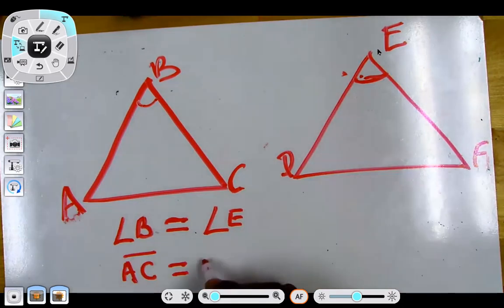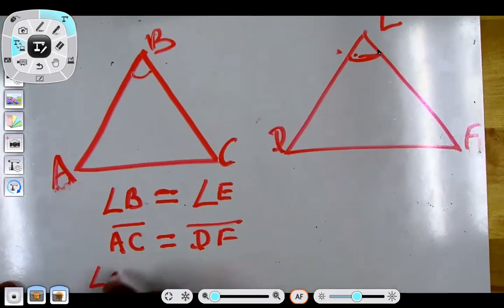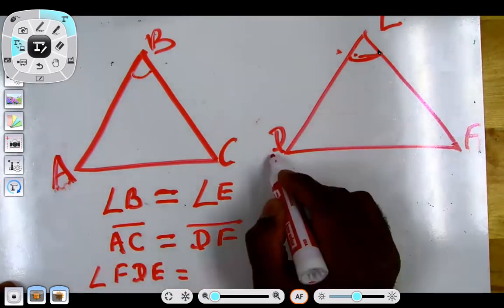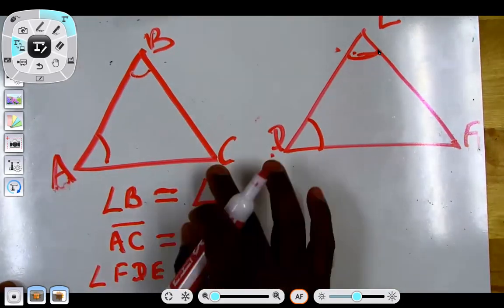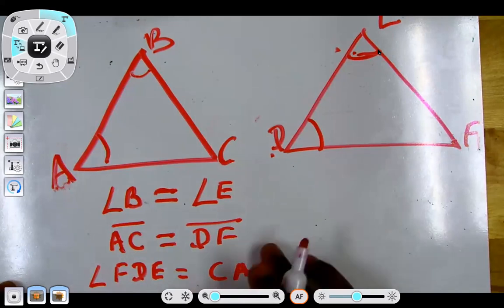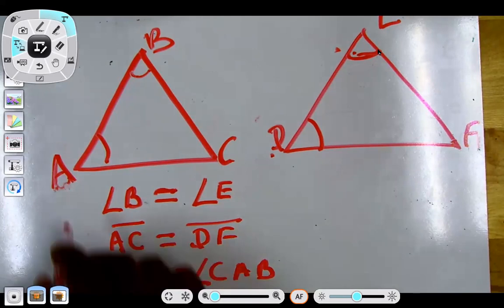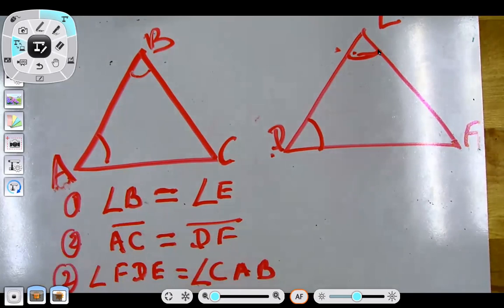We just put DF, that's what you have. The third one, they had angle FDE, which is this angle. So you're going to put F, no, and here CAB. That's the angle. So this is the way that they figure it out. All right. If you have any questions, please feel free to ask me.